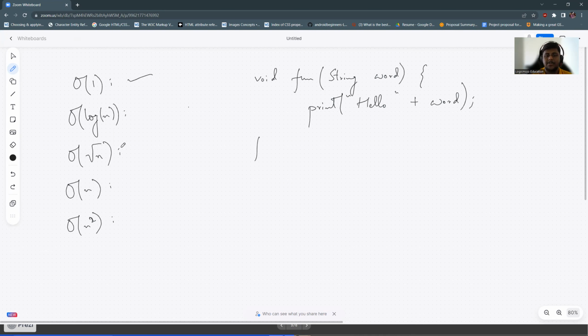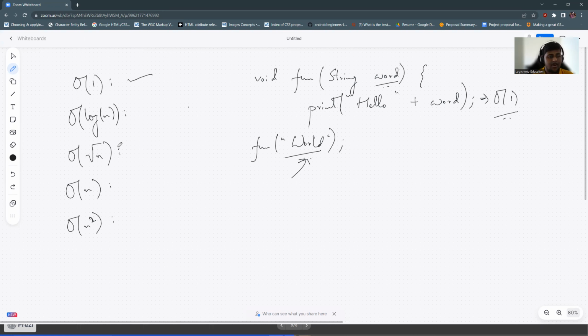So let's say if I call the function with the string world, it will simply print hello world. No matter the input, no matter how big a word you send here, the print statement will always take O of 1 to execute, right? So this is what constant time algorithm means. It does not depend on the input length. The input length can be as big as 1000 words. It will still take O of 1 to execute.